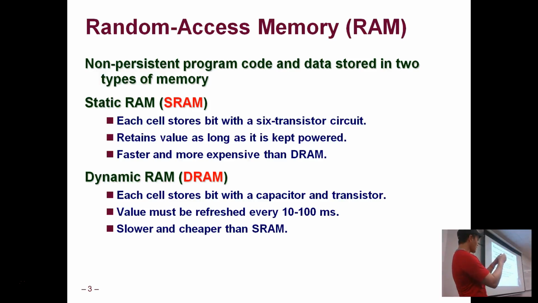You turn the gate on, you charge up that capacitor, but unless you go back and refresh that charge, it's just like any battery. It'll start leaking the charge, and then you'll lose your bit. So dynamic RAM has to be refreshed periodically, and because it's not powered and doesn't have the 6 transistor layout, it's actually slower to read a bit off of that battery. Way cheaper, but way slower too. Okay.